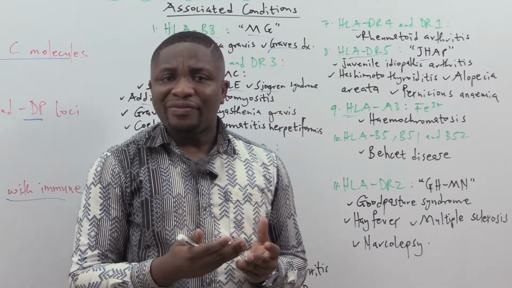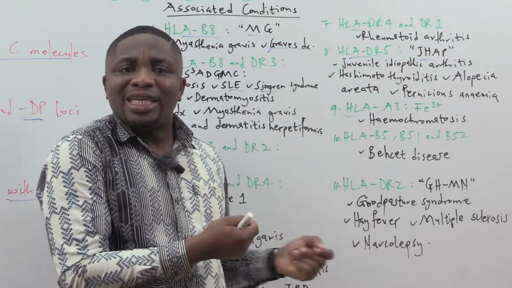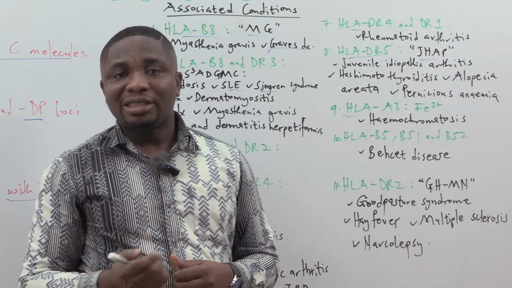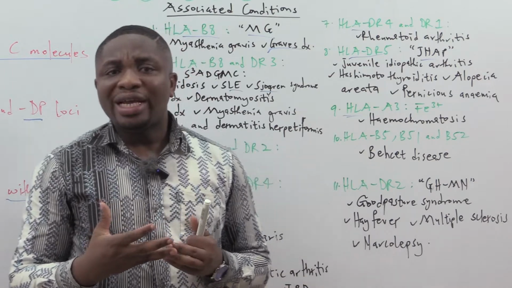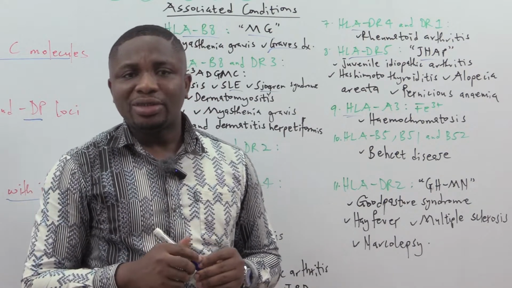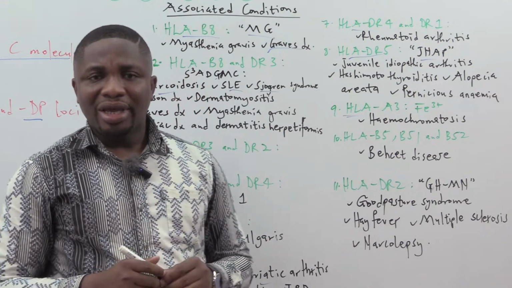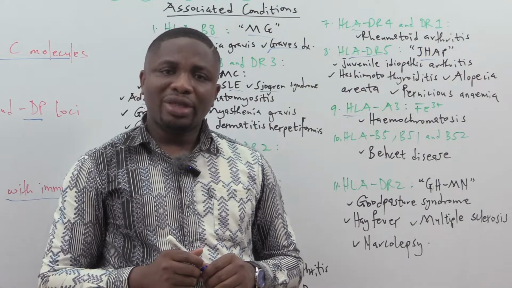So if you are talking about A3, then we connote it to Fe3 plus. And a condition where there is excess of iron deposited into tissues causing damage, we call that hemochromatosis. So HLA A3 is associated with hemochromatosis.